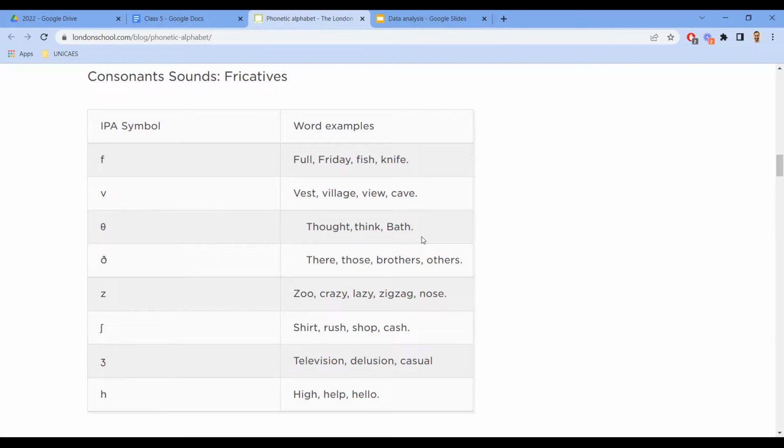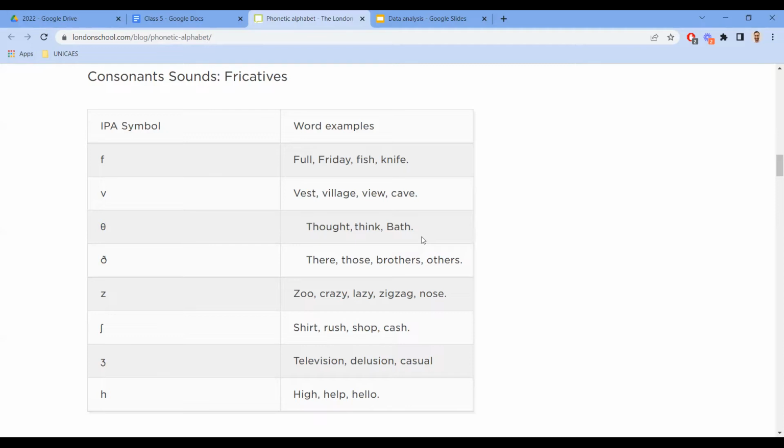Or the fricative sounds, as you may remember, are those sounds that vibrate when you put your hand right here in your pharynx, right here in your throat. If it vibrates, that means that the sound is fricative. So that means that there is some friction, and that friction in your mouth produces the vibration, right?